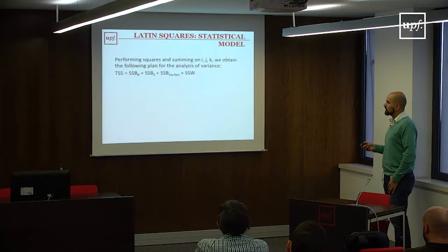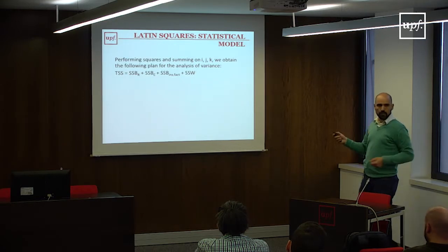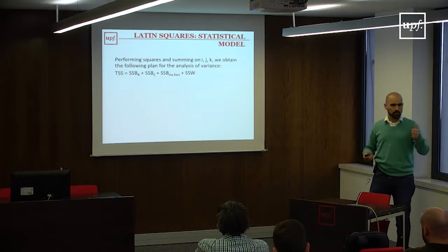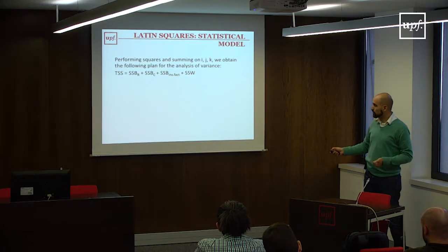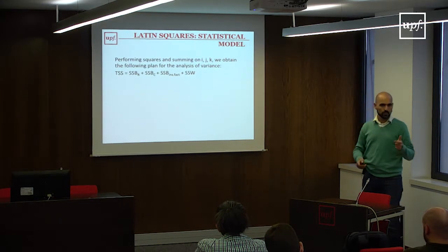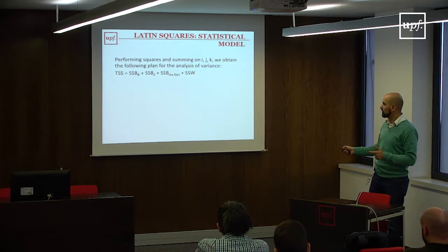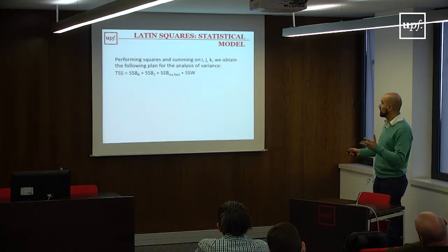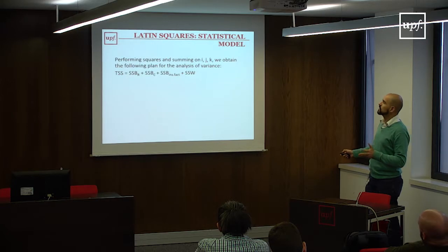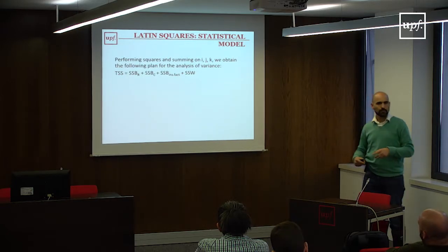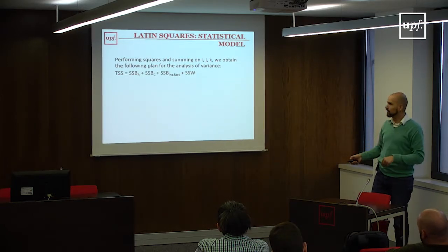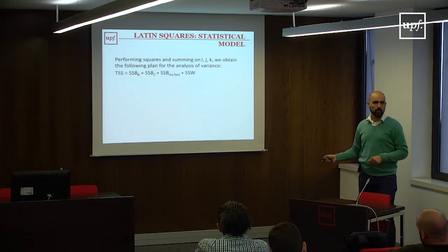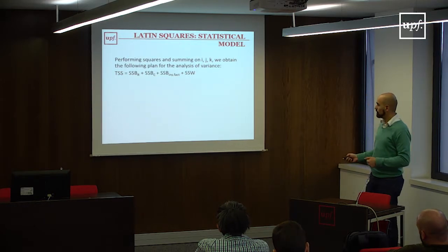Performing the square and summing, we go back to what we have seen in all the other classes: the total sum of square of our experiment, the sum of square between the rows, which is related to one of the factors, the sum of square between the columns, which is related to the second factor, the sum of square inside the factors. We finish the dimension, so we are inside the factor, and the sum of square within, or the sum of square of the error.